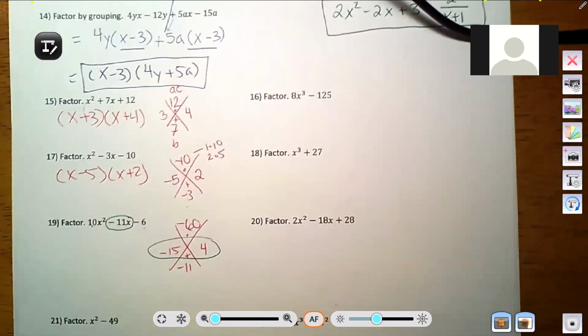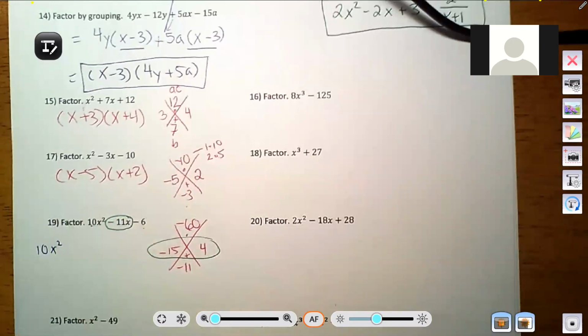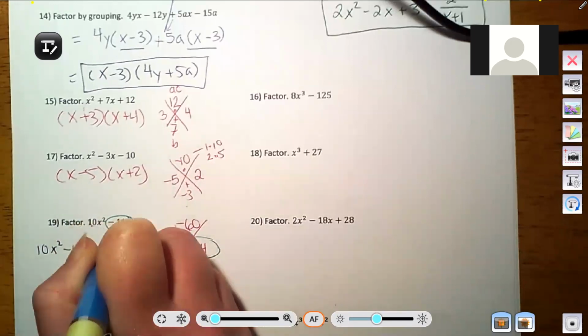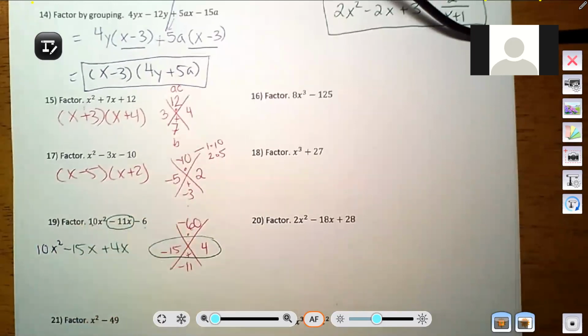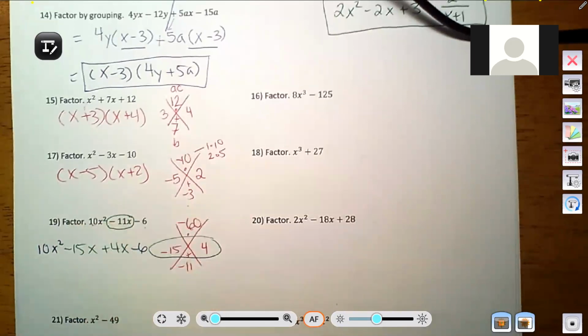So here it is. This is 10x squared. Then, instead of saying negative 11x, I'm going to say negative 15x plus 4x and then minus 6. So these are exact same expressions, but it's broken up in a way that's now factorable.